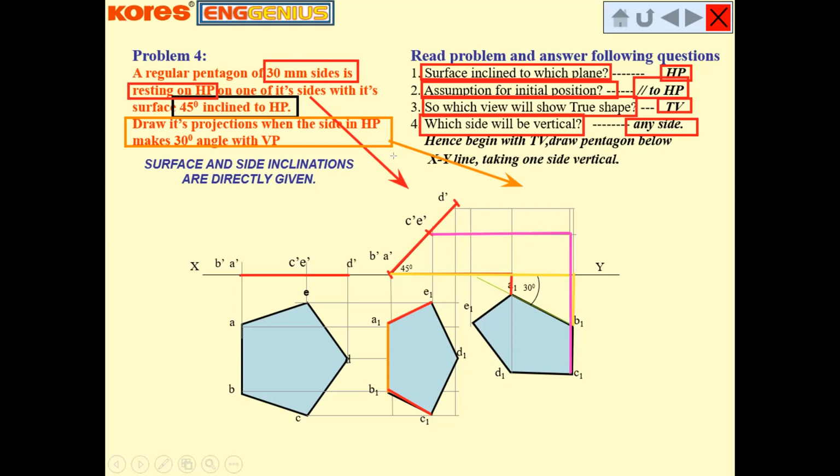D, from point D1 on the upper side and from point D dash on the right hand side like this. Mark all the intersecting points and join them with the help of a line, which will give you A1 dash, B1 dash, C1 dash, D1 dash and E1 dash like this.